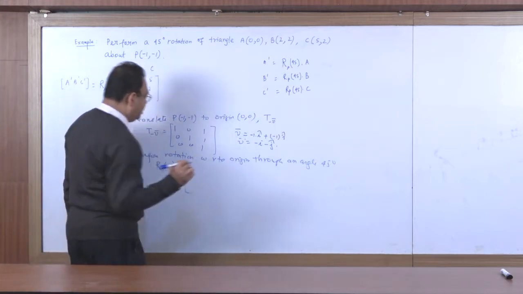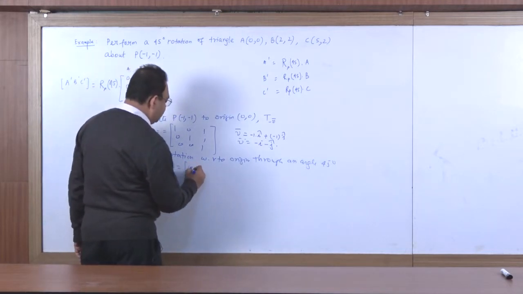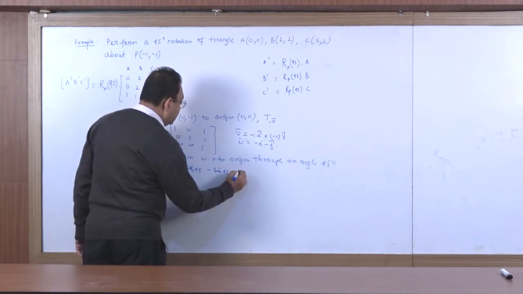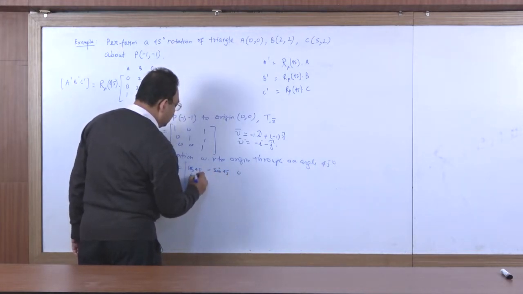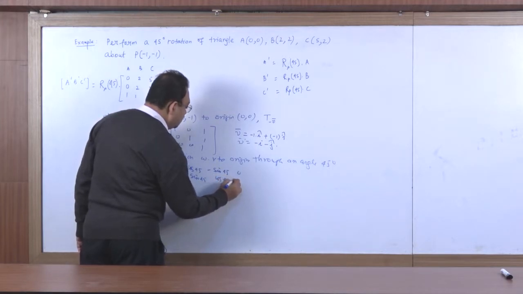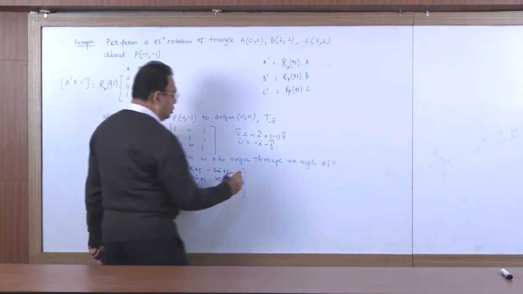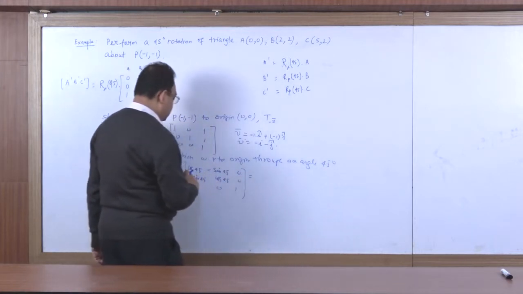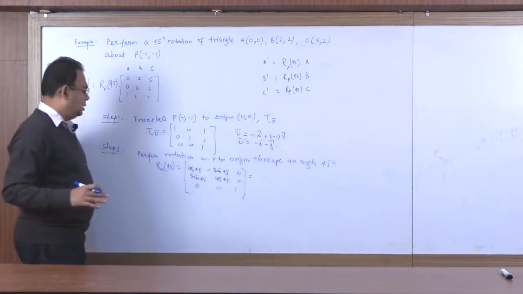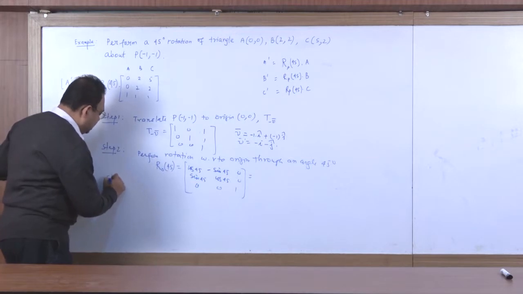As we have already derived, this is cos theta, minus sin theta, 0, that is cos 45, minus sin 45, 0, sin 45, cos 45, 0, and 0, 0, 1. We can put the values now or at the end; basically the effect is the same.